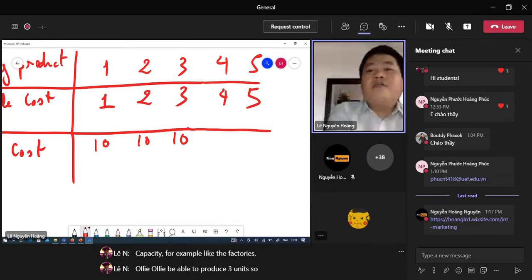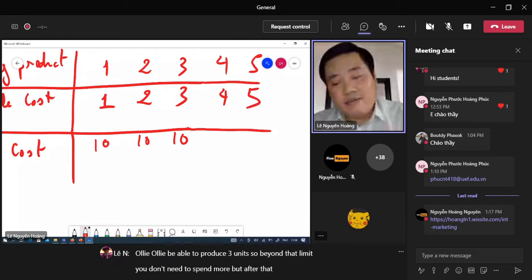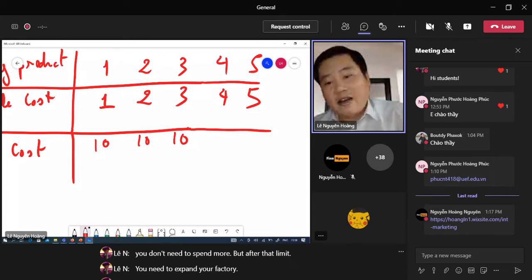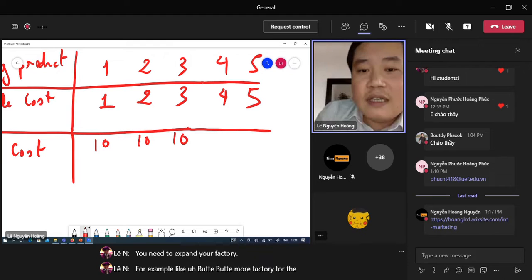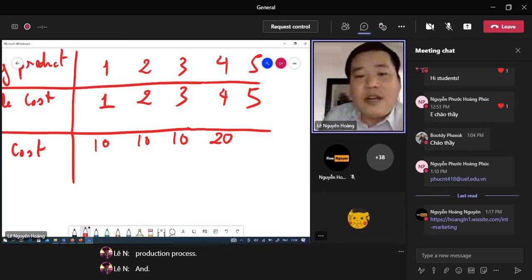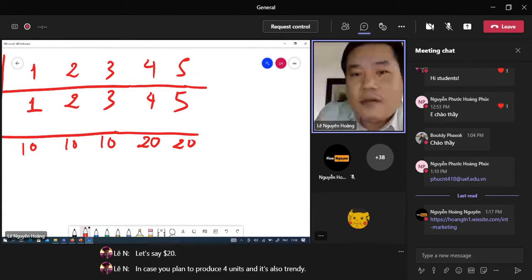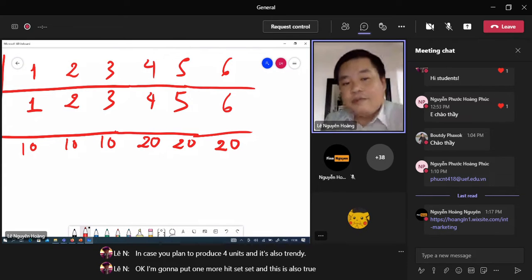Beyond that limit, you need to expand your factory, for example, build more factories for the production process, and let's say $20 in case you plan to produce 4 units, and this is also 20. I'm going to put one more here, and this is also 20.